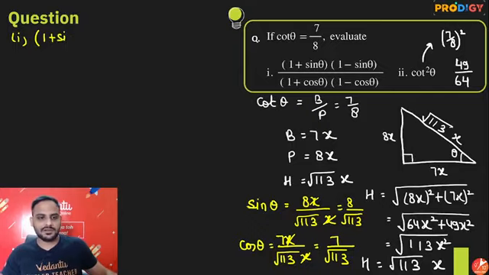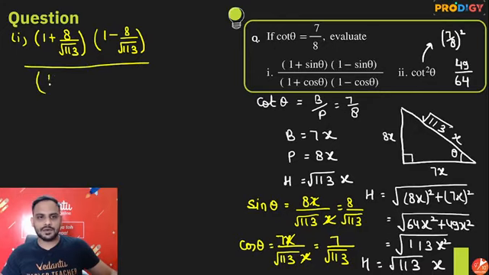So let's replace the value, right? Let's replace the value. So we know sin theta is 8 upon square root of 113. So we have 1 plus 8 upon square root of 113 into 1 minus 8 upon square root of 113, whole divided by 1 plus 7 upon square root of 113 into 1 minus 7 upon square root of 113.